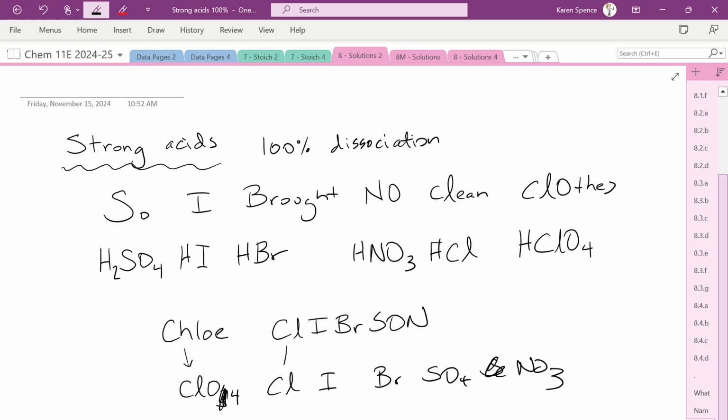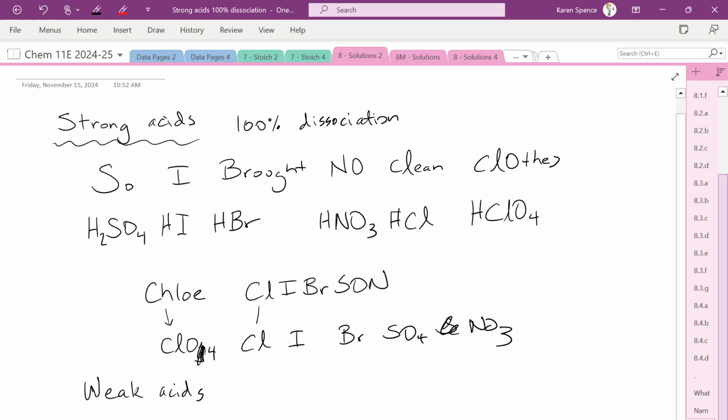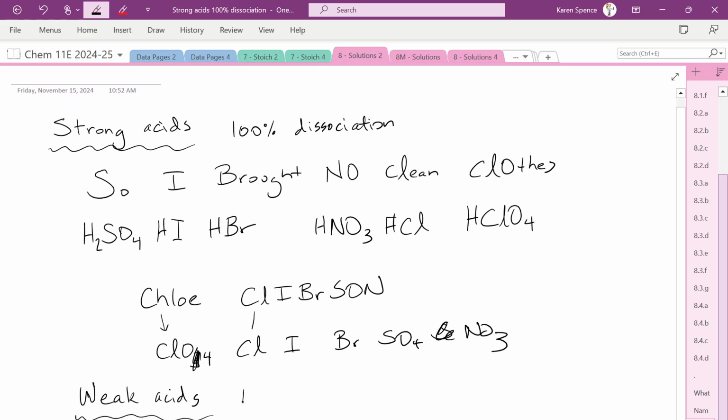How is that different from weak acids? Only a small portion dissociates. Mostly undissociated. So when it comes to writing our ionic equations, you are going to separate strong acids, but weak acids you will leave together.